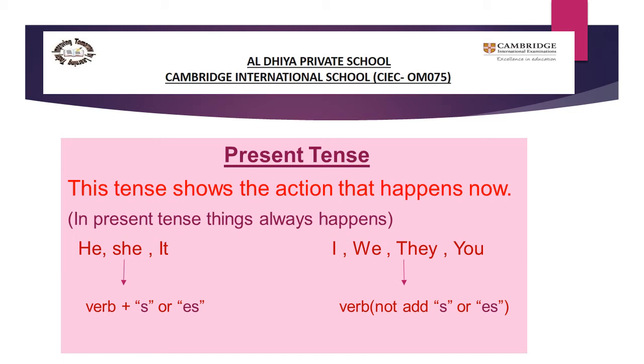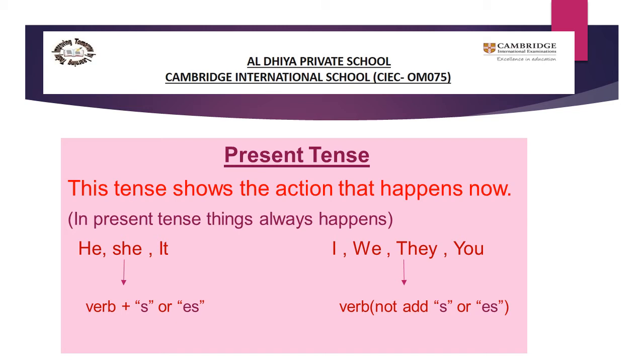In present tense, things always happen, right? And in this tense, with he, she, it, or any singular form, like if we are writing about any person, a lady, male or female, we will add s or es at the end of the verb. Okay, in present tense, when we are writing a present sentence, we add s or es at the end of the verb with a singular noun.